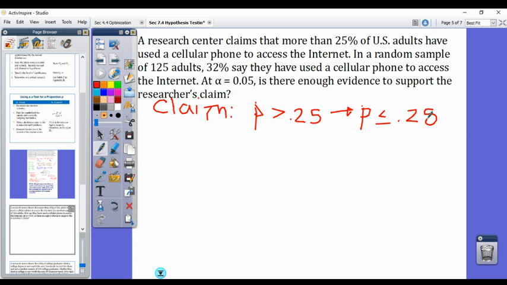Okay, so my null hypothesis is less than or equal to. My alternative is greater than. So in this case, I know that this is going to be a right tail test based on my null hypothesis.